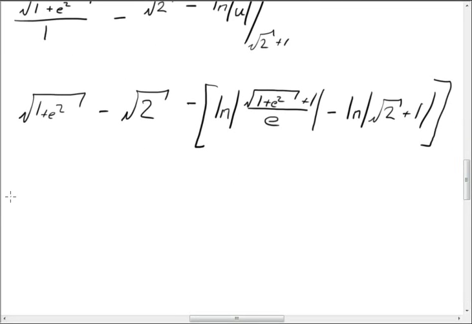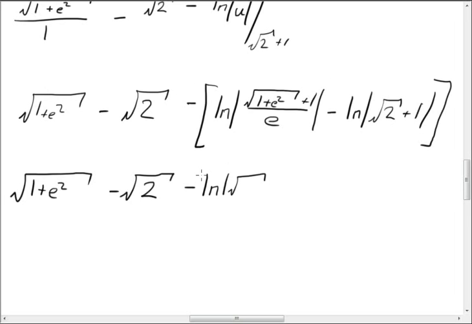So we get square root 1 plus e squared minus square root 2 minus the natural log of the absolute value of square root, I'm rewriting this, 1 plus e squared plus 1 over e, minus ln e, minus, actually this is plus, ln square root 2 plus 1.